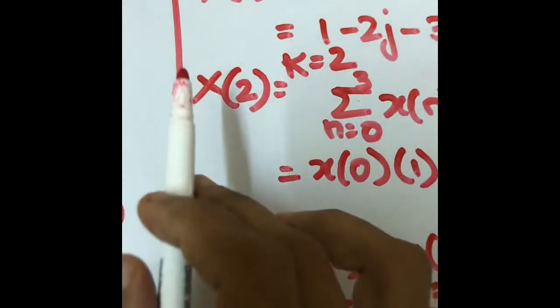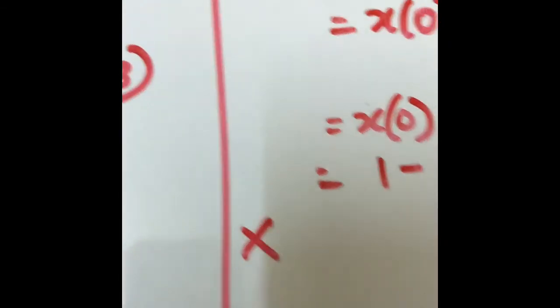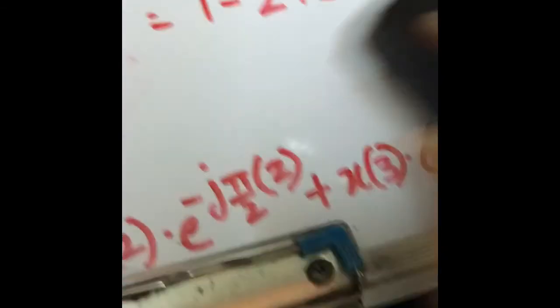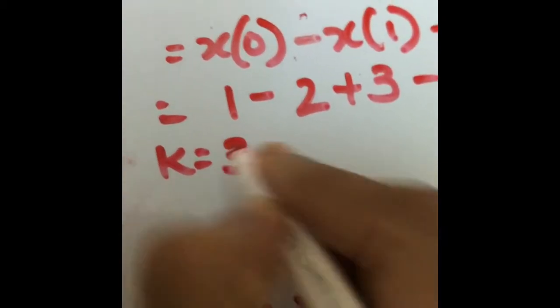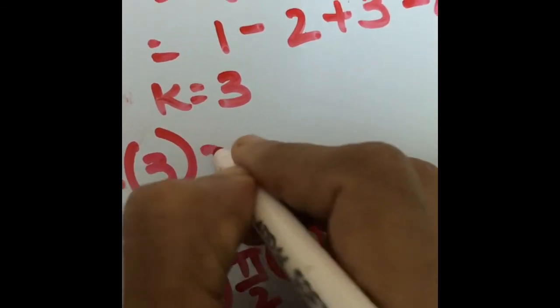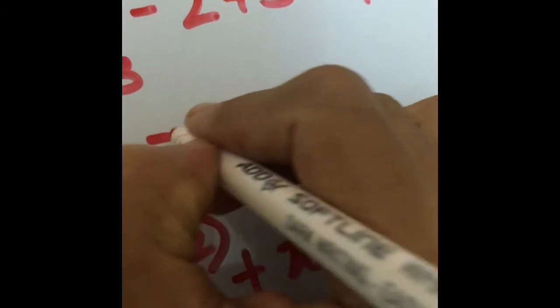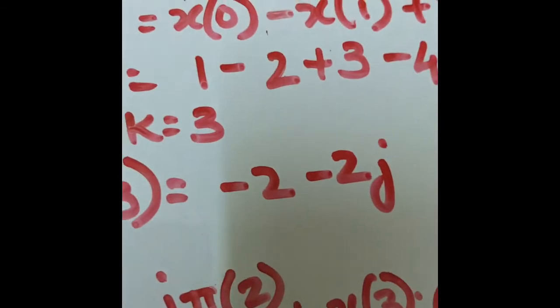That is x of 2. And similarly, when you substitute the value of k as 3, you will have the value minus 2j.